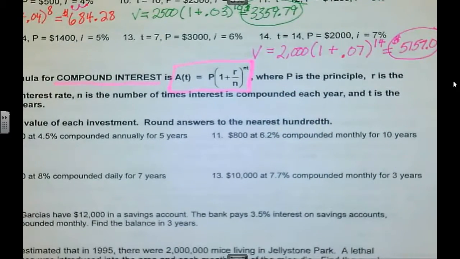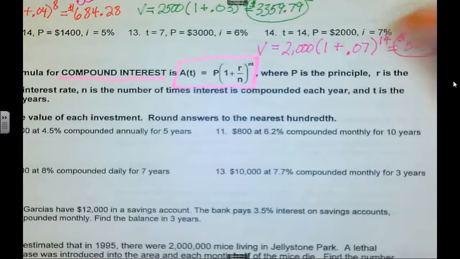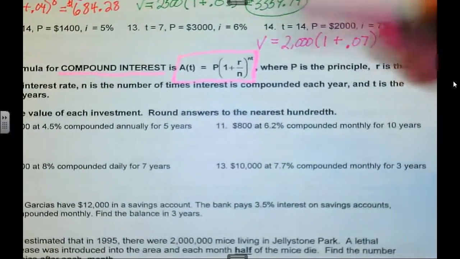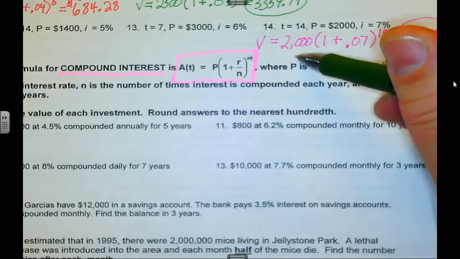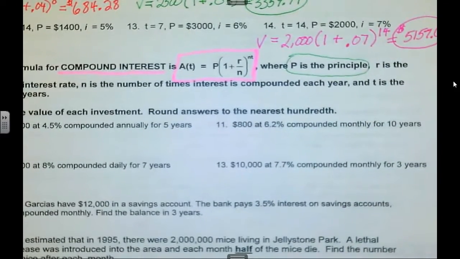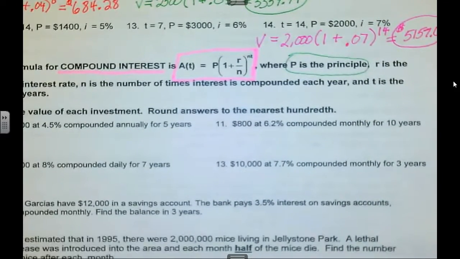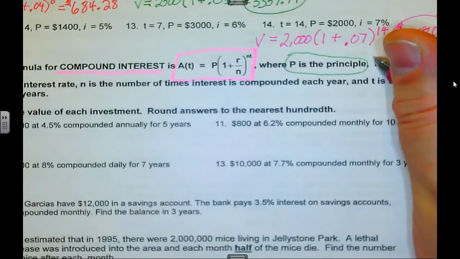They use A of t, but the P and all the other stuff is the same, except there's one more time thing, and I'll talk about that. So the P is the principal or initial amount. So P is the same. Okay. R is the annual interest rate, so instead of I, they're using R.